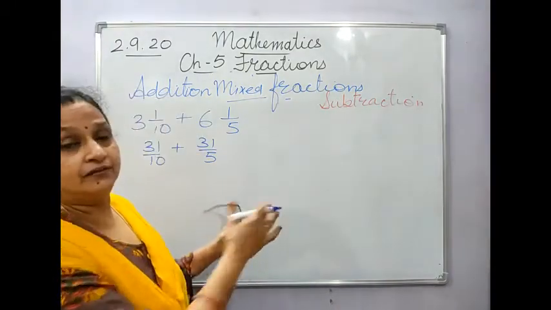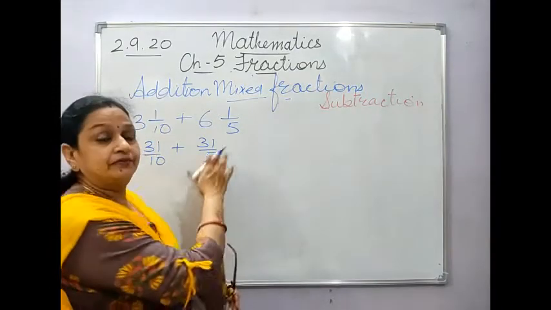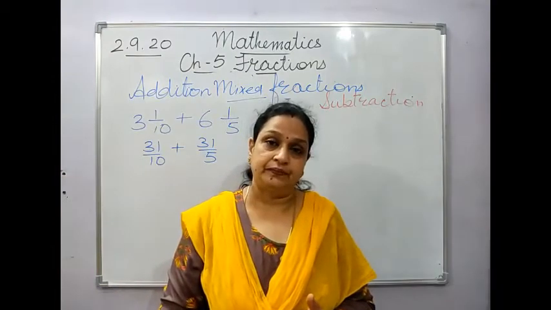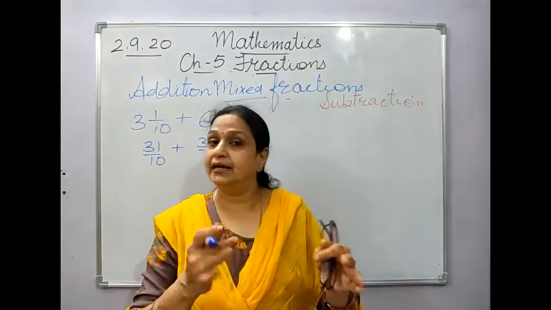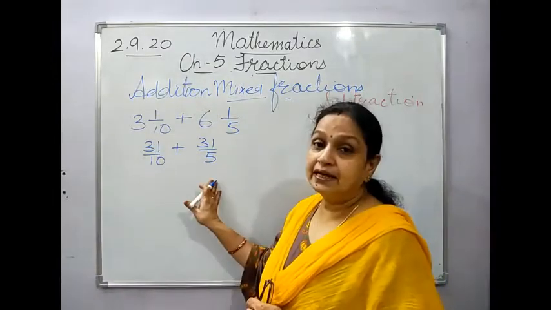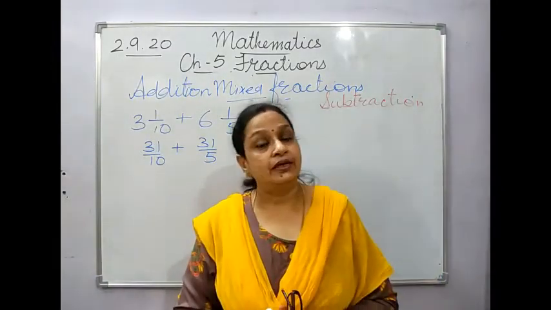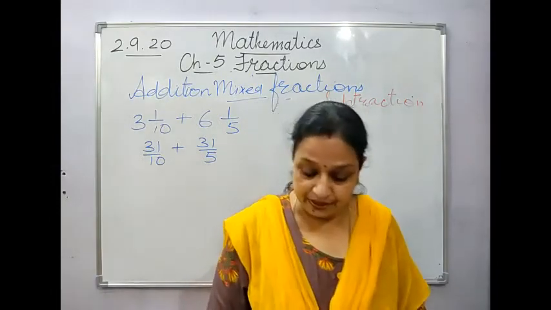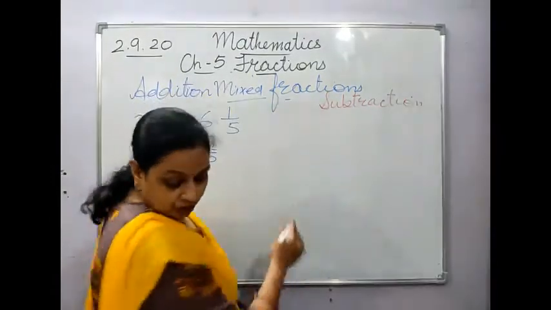The rest of the method will be the same as you have done in like and unlike fractions. Especially unlike, because in like we were not taking the LCM, but in unlike we will take out the LCM, then make the equivalent fraction. Same way you have to do for the subtraction also.